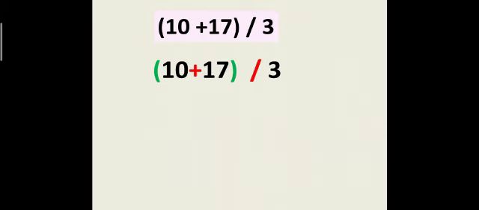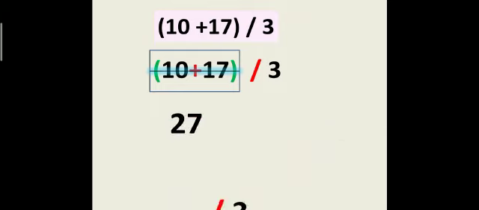Addition and division, with a bracket. Our rule is to remove the bracket first. So 10 plus 17, the answer is 27. Divide 27 by 3, the answer is 9.